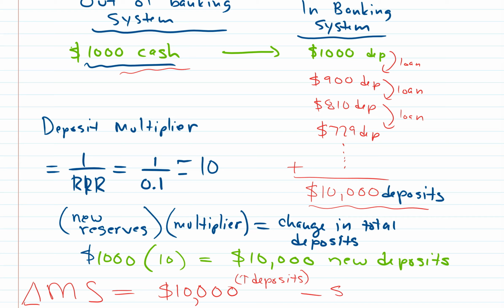And our cash went down by 1,000, right? This is the decrease in cash, because it's no longer cash on hand once it's in the banking system. In the banking system, it's sitting in the bank reserves. So our money supply increased by 9,000. As a summary of this problem, our deposits increased by 10,000, but to find out the change in the money supply, we have to take away this original cash. So our money supply only increased by 9,000.